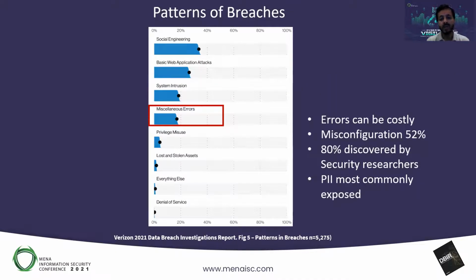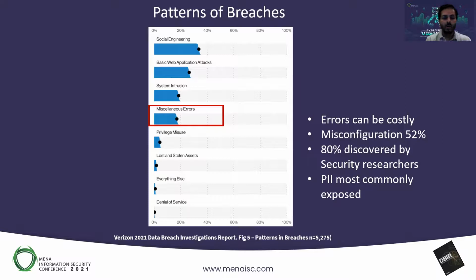And then miscellaneous errors. Unfortunately, 52% of the miscellaneous errors are due to misconfiguration, and in many cases, these are typically discovered by security researchers. For the most part, personally identifiable information is most commonly exposed.